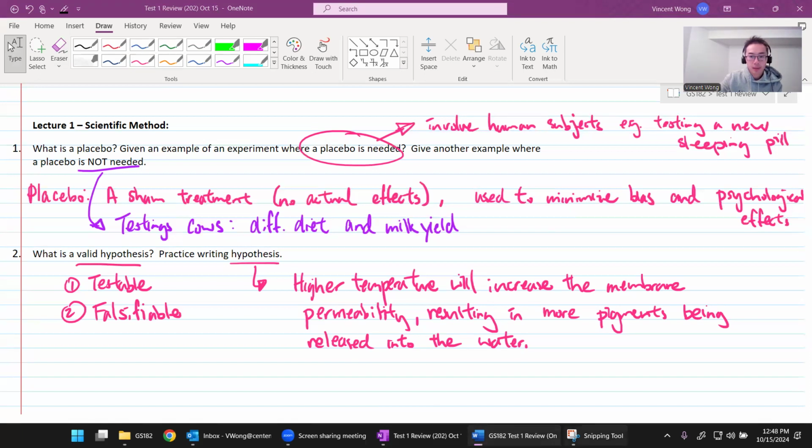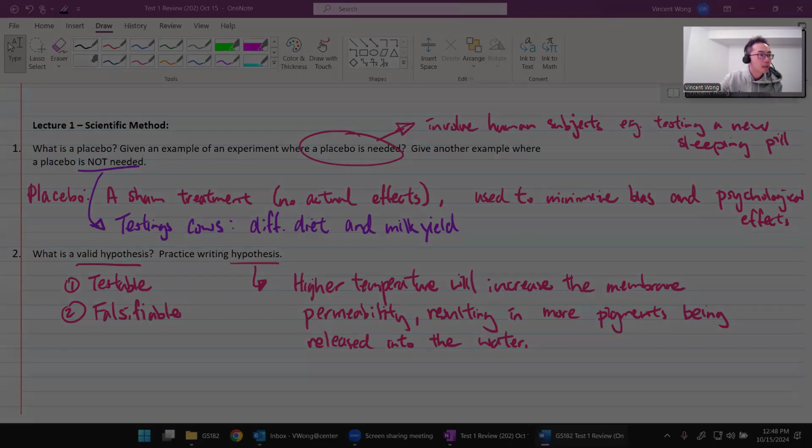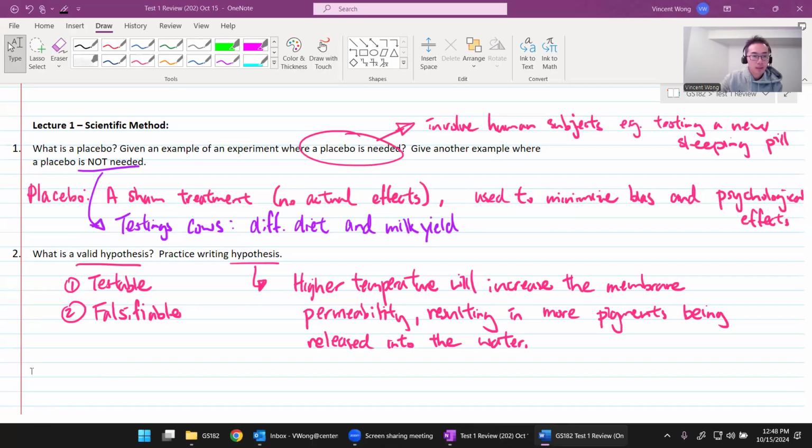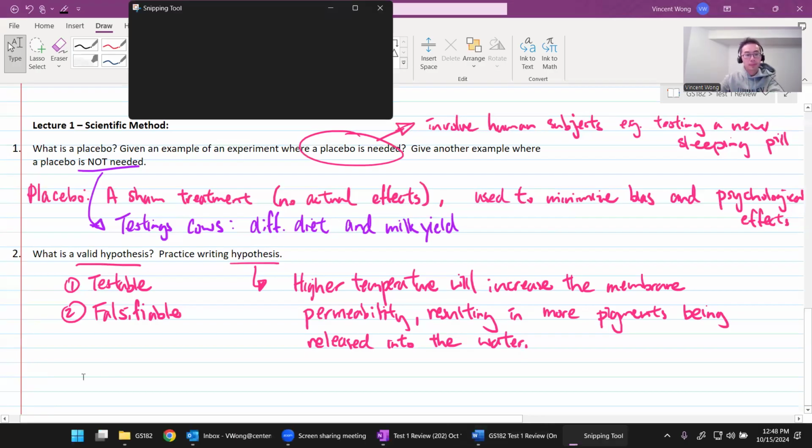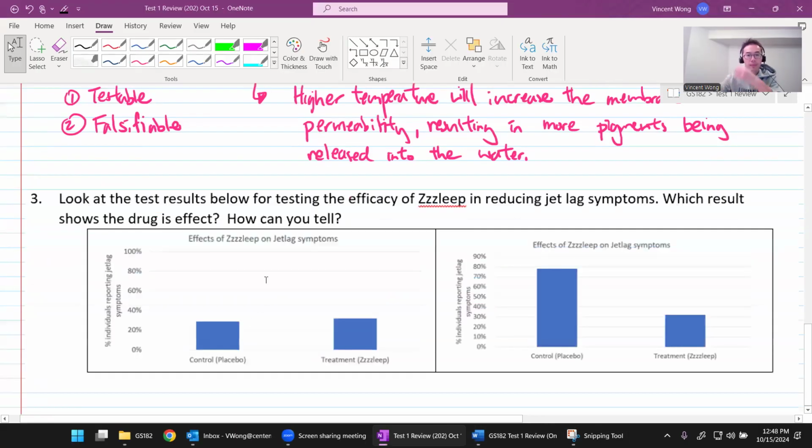Let me copy number 3 over. All right, so here we have the sleeping pill. We talk about this in class, lecture, but let's go through it again.